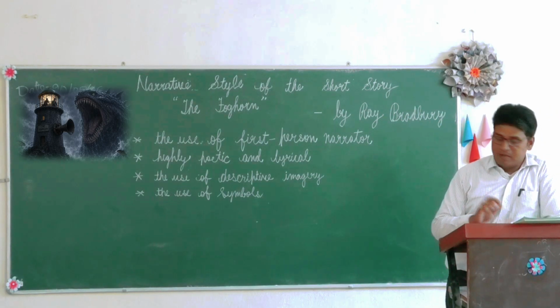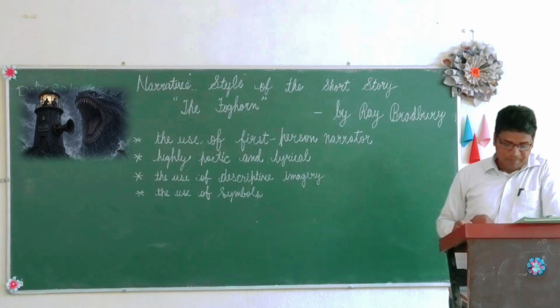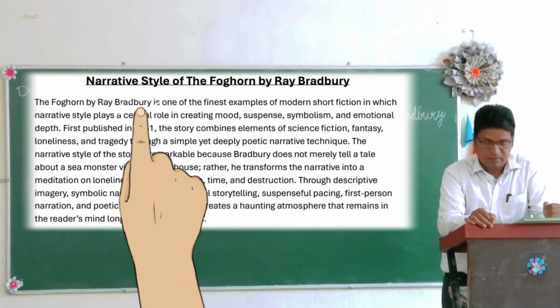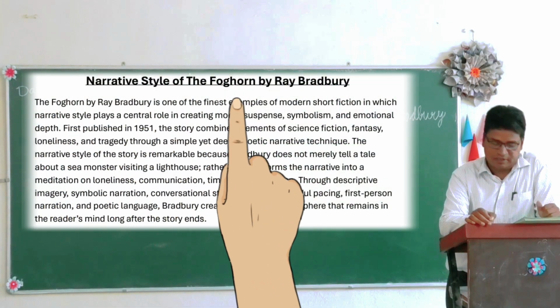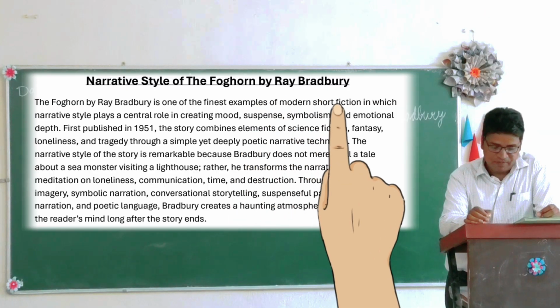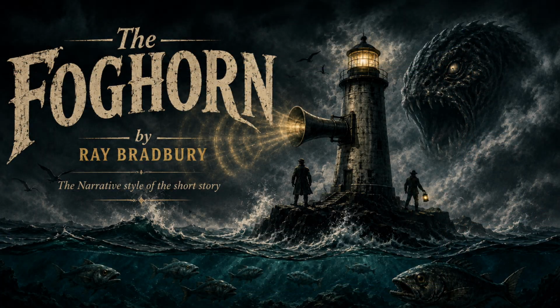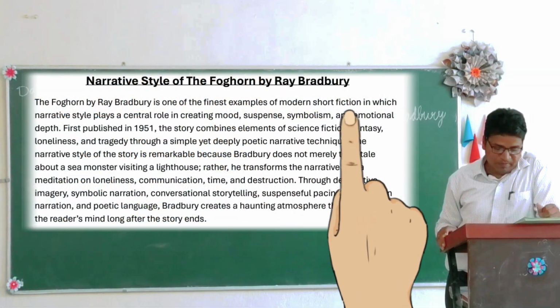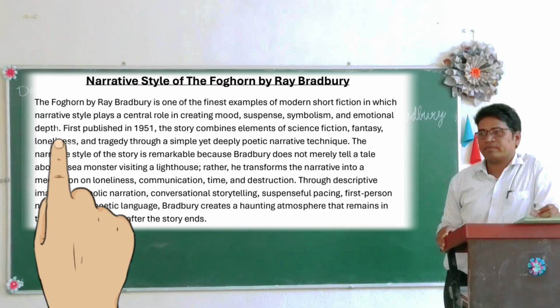So let us begin our discussion from the beginning. The Foghorn by Ray Bradbury is one of the finest examples of modern short fiction in which narrative style plays a central role in creating mood, suspense, symbolism, and emotional depth.